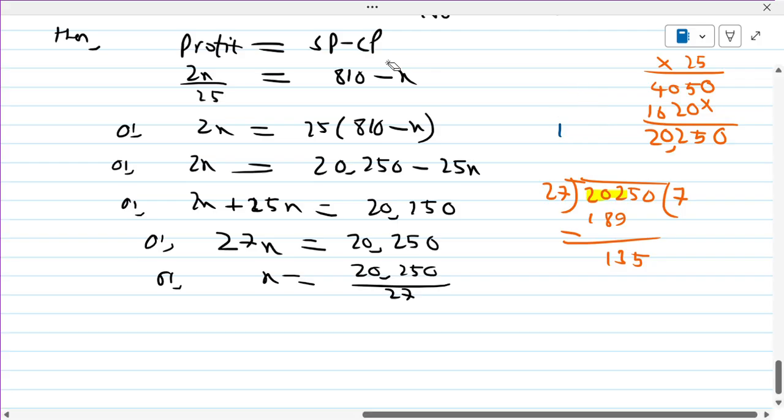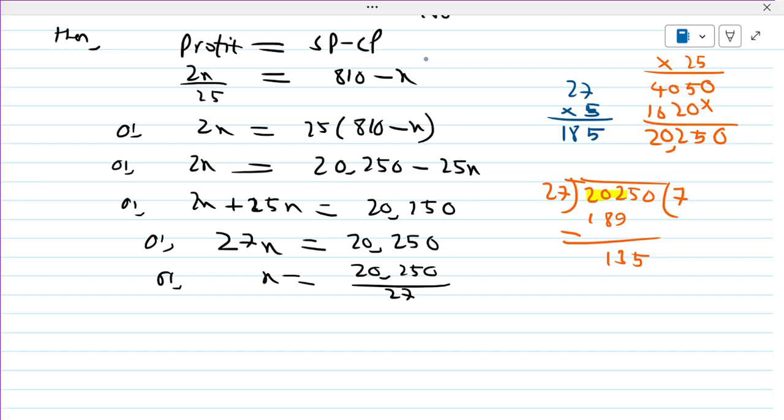So 5 times I'll check here. So 27 into 5 I do, is it? 5 7s are 35, and 5 2s are 10, 10 and 3 is 13, 135, is it? Our guess is so wrong, is it? It's not 5 times, it's 4 times, 4 3s are 12. Okay, 4 times only it goes, 5 times is not possible here. So I go with 4 times for sure, is it?